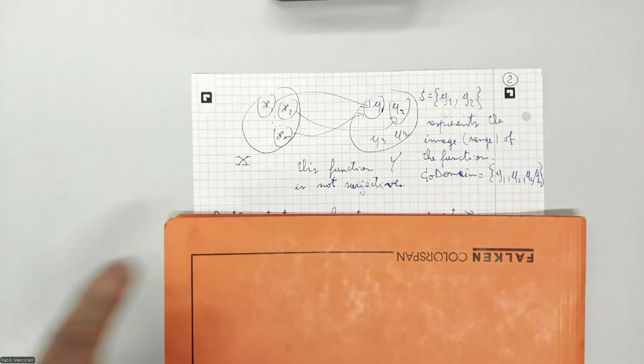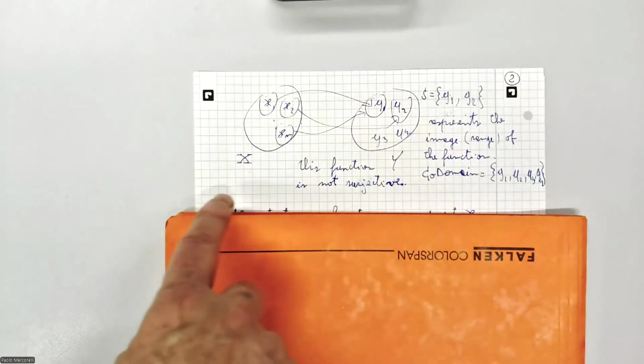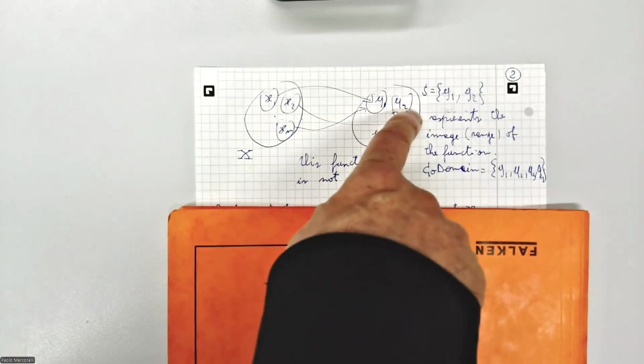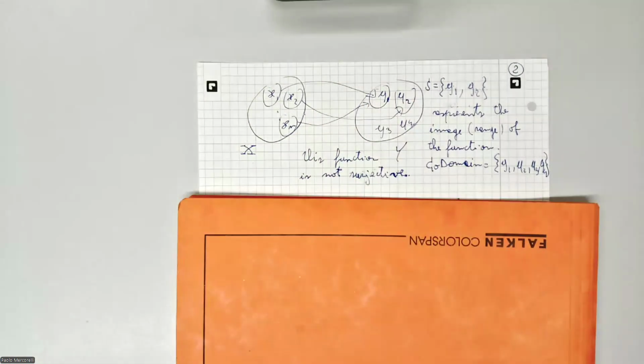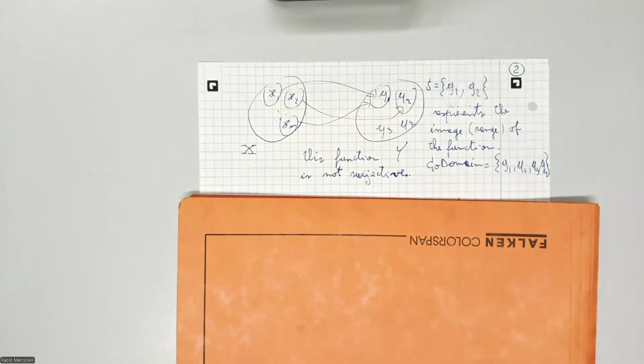The image is represented by the set y1 and y2, because it's the subset. About subset, I told you, it's intuitive. Subset in German is Unterräumen, no? Unterset becomes subset, a part of the set. It is the part of the set which is covered by the transformation.